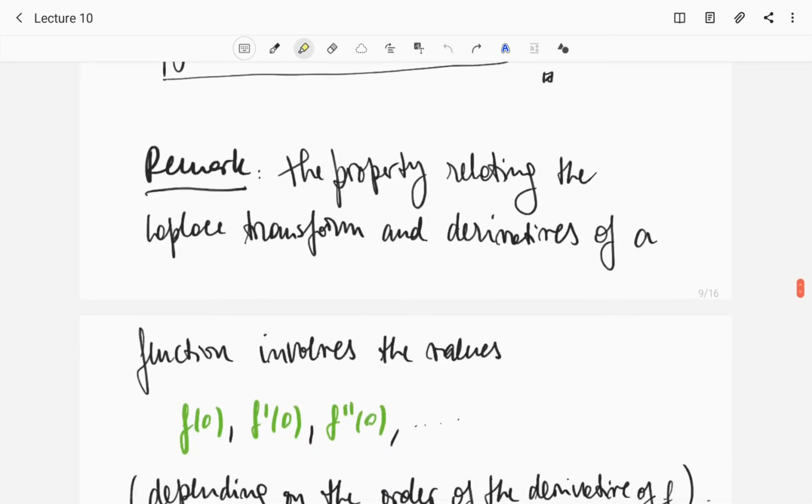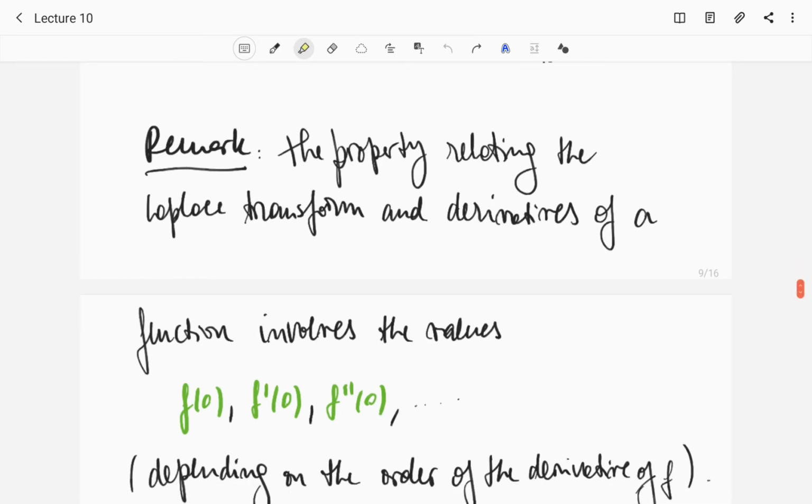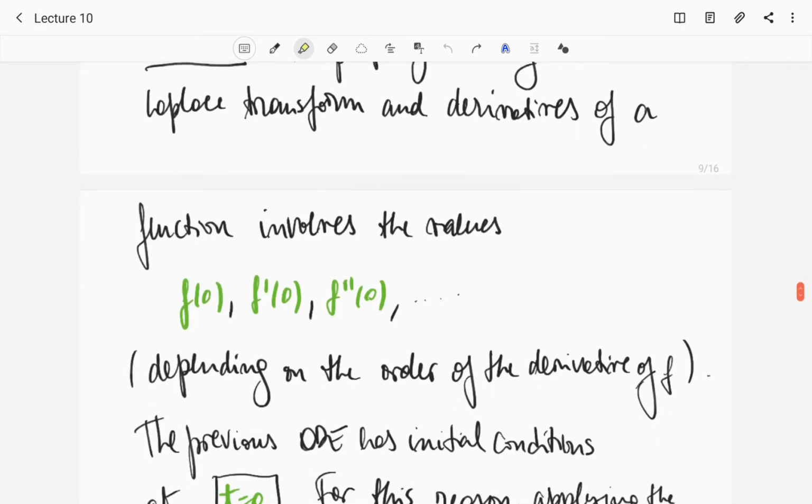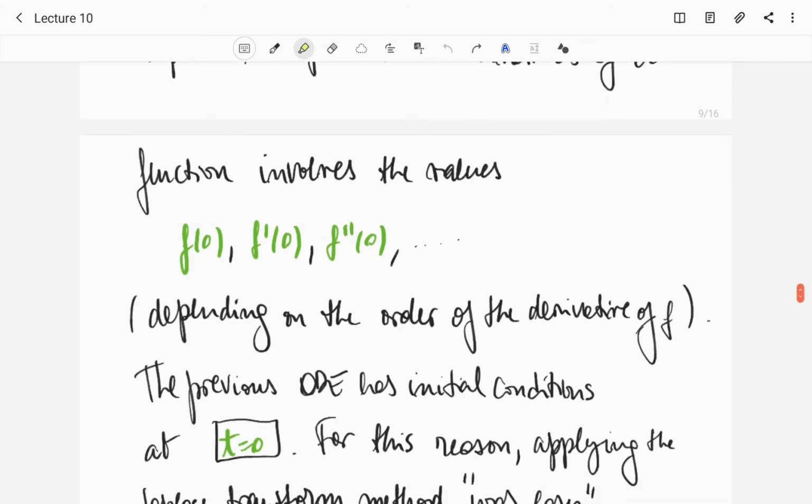So a remark here: the property relating the Laplace transform of derivatives of a function involves these values: f at 0, the first derivative of f at 0, the second derivative of f at 0, and so on, depending on the order of the derivative of f, and also on the order of the ODE.